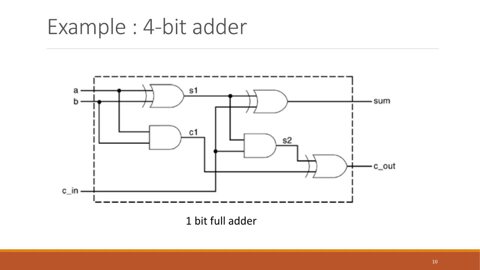And then it was used to build up the 4-bit adder. Here, in this case, you should write the 1-bit full adder using gate level modeling and use it multiple times in a higher level module to get the 4-bit full adder. So that is your task.